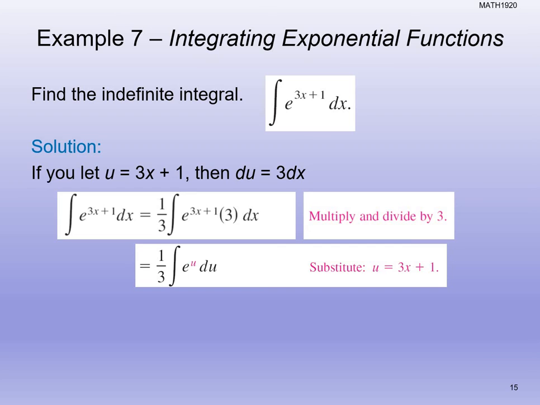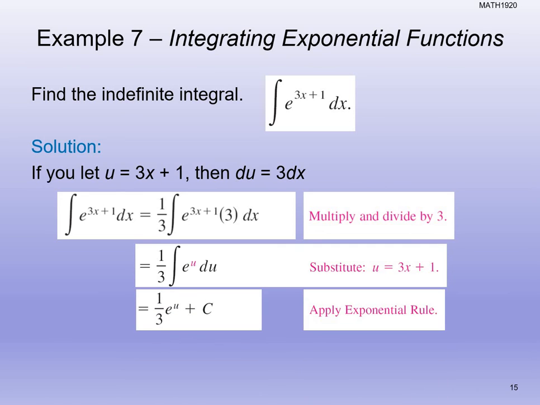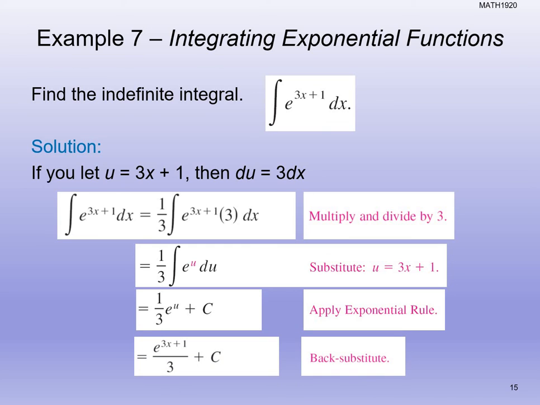Because du is 3 dx, and we have to replace dx, so du over 3 is equal to dx when we replace that. Okay, so we get 1/3 e to the u du. We do the integration, so you're going to get 1/3 e to the u plus c, all right? And then we have to replace our u with what it originally was, 3x plus 1. So we get e to the 3x plus 1 divided by 3 plus c.